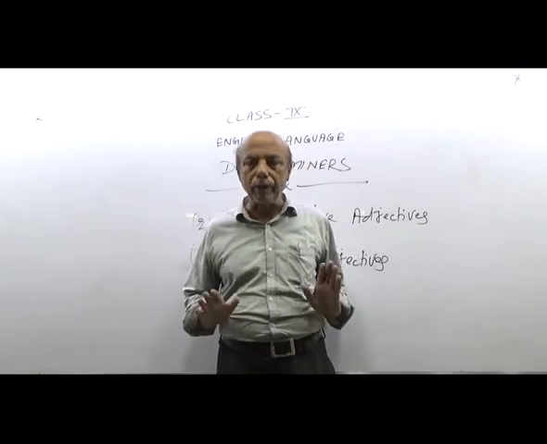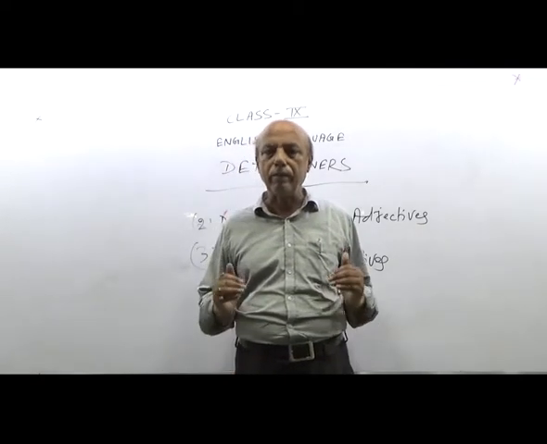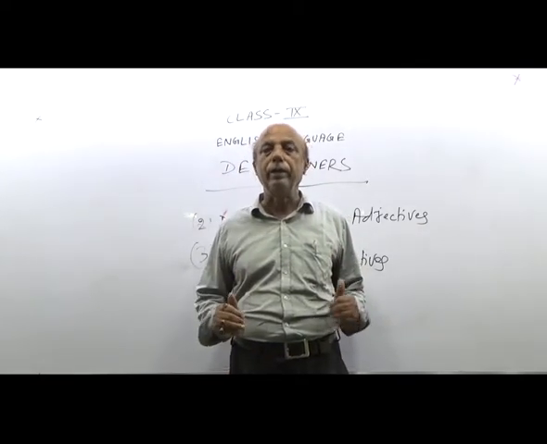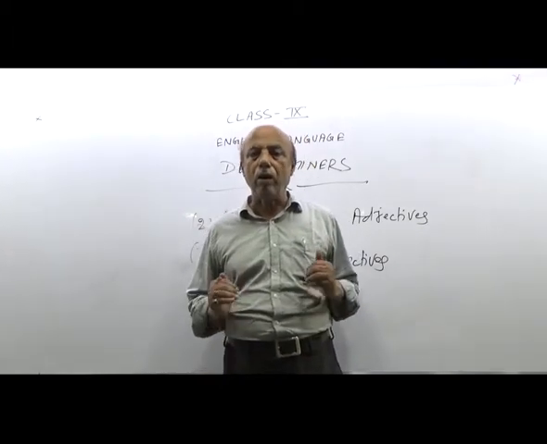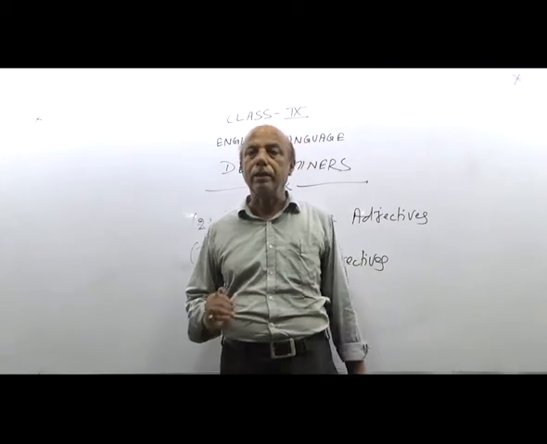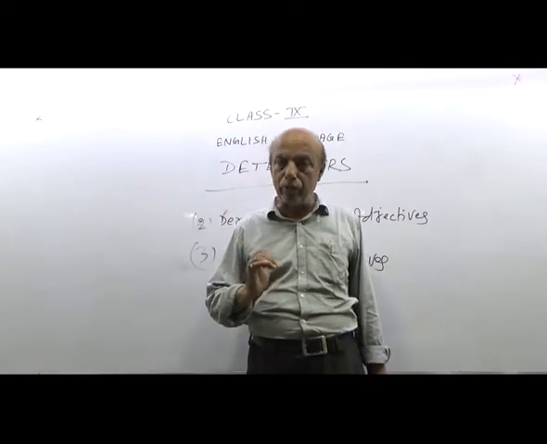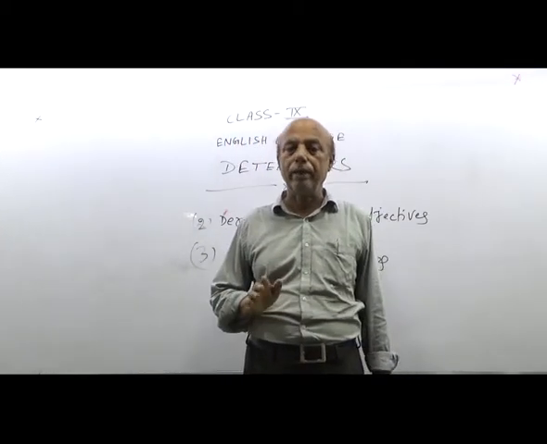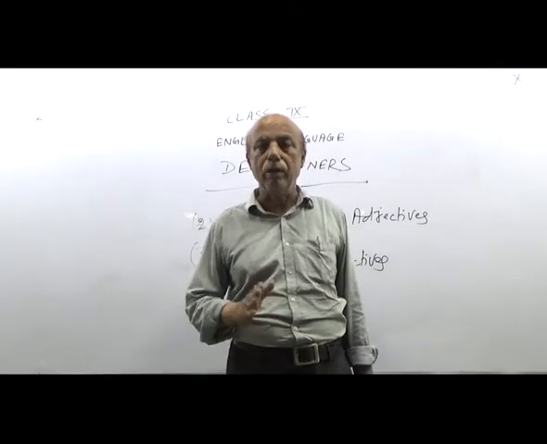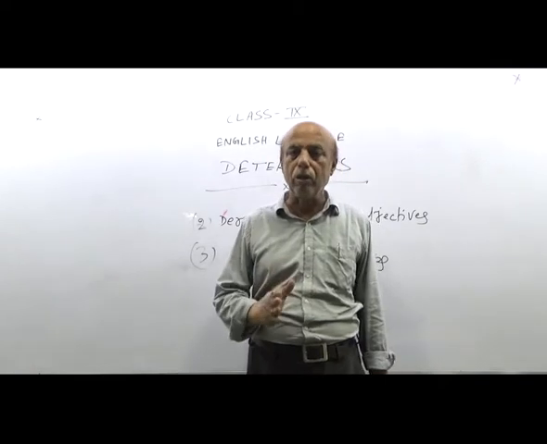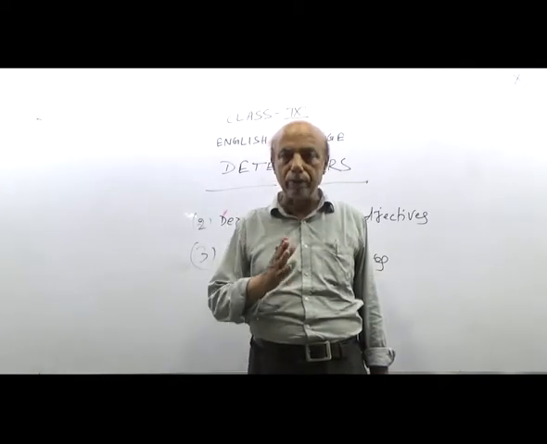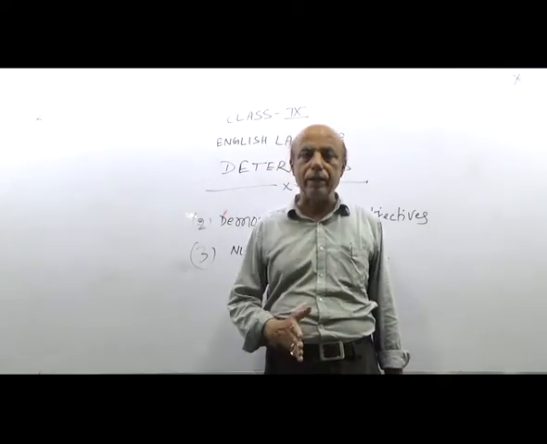It is very well known that determiners determine that a noun is coming. Determiners always make us conscious that a noun is to come, and thereafter determiners modify nouns. These are the definitions of determiners.